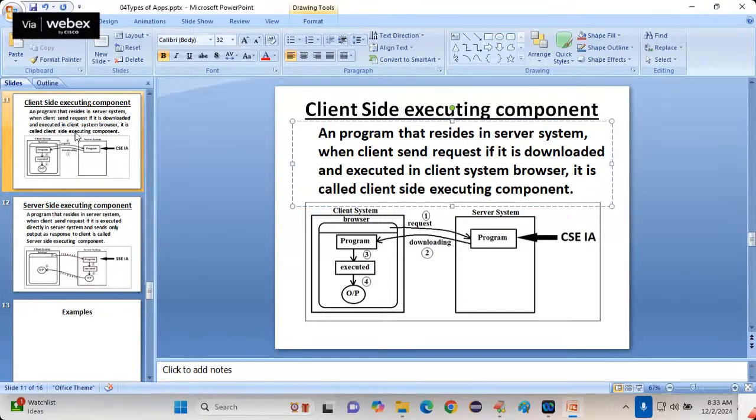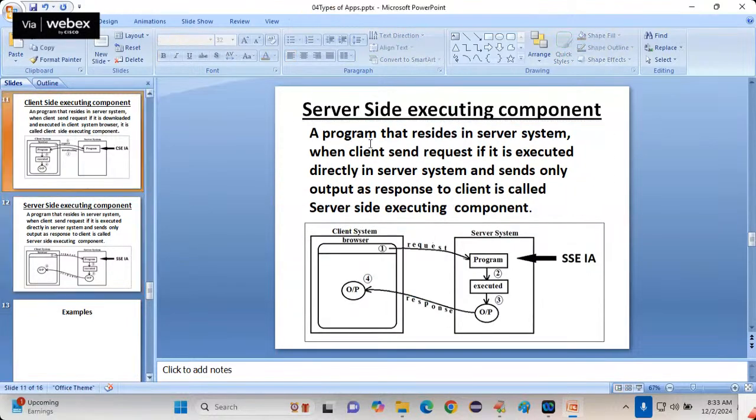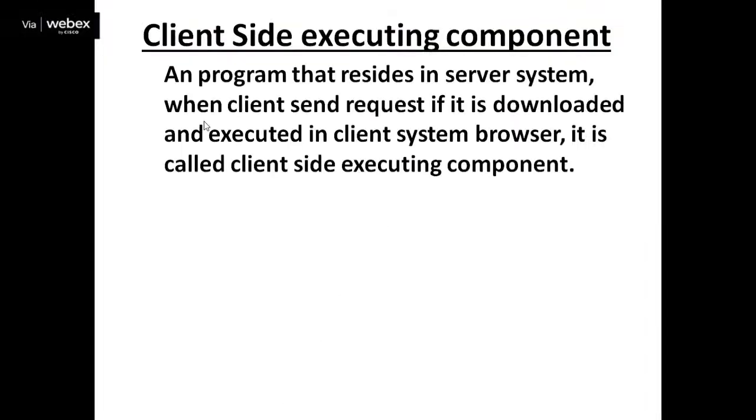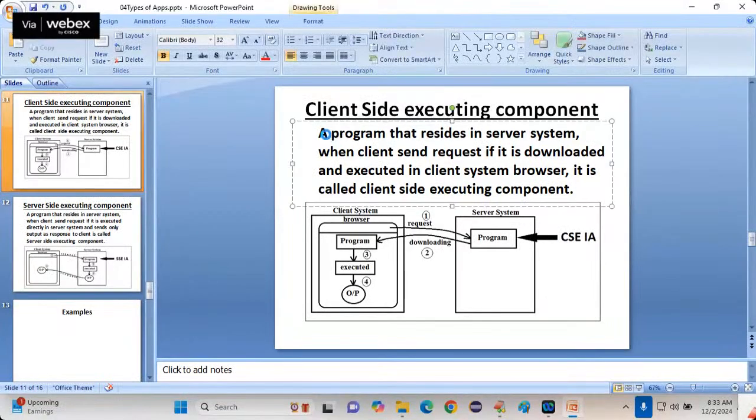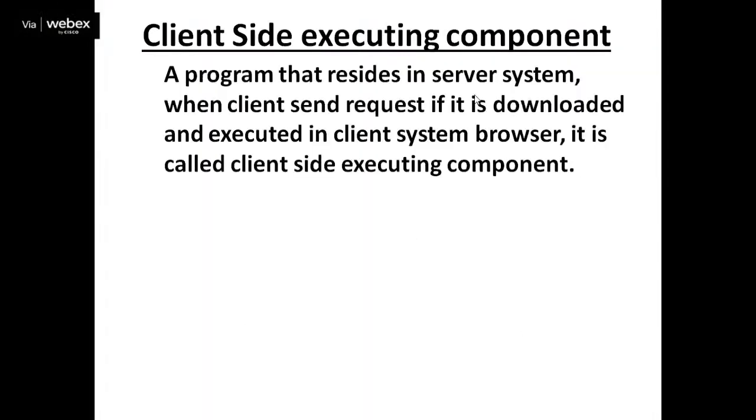Tell me, a program, where is it available? Come on, what are the changes from client to server? A program that resides in the server system. Both client side executing and server side executing are available where? At the server.